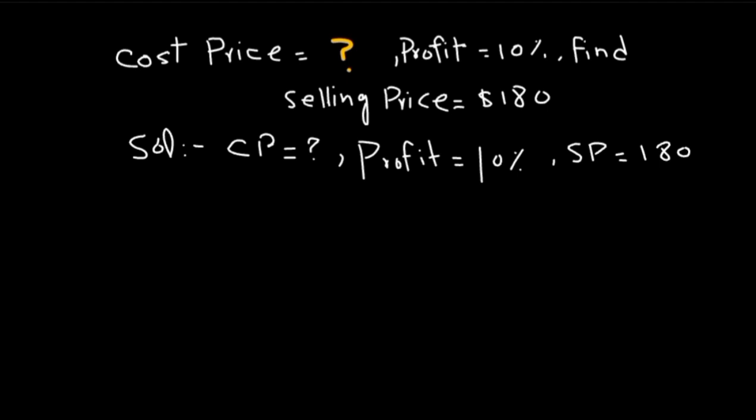The formula for the selling price is, we write down the same formula for selling price. We just put the value of the selling price in this formula, and we have to find cost price.